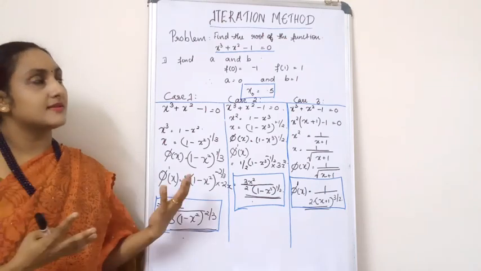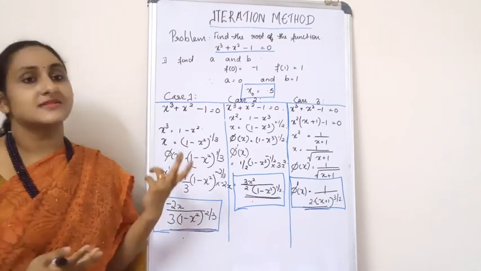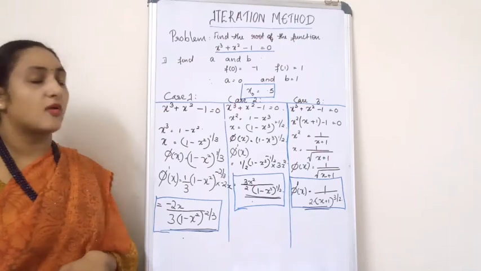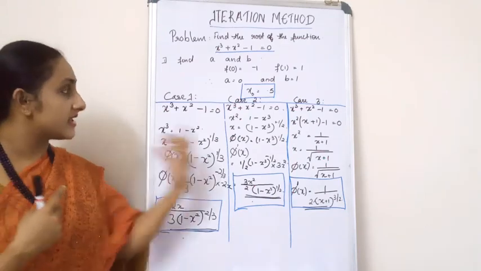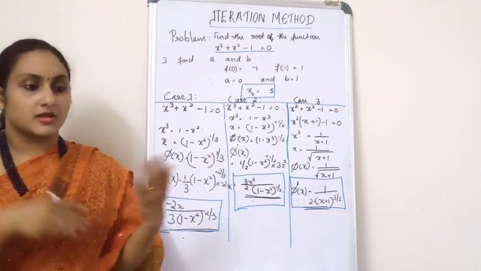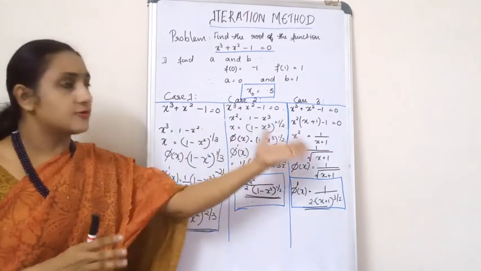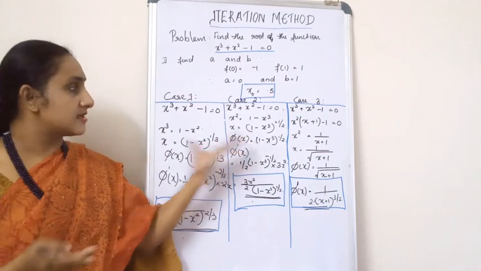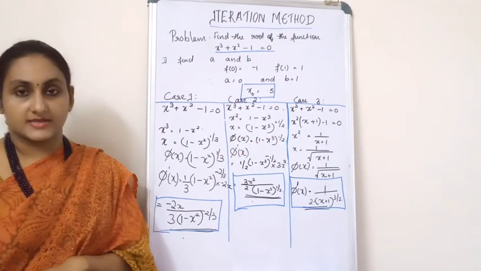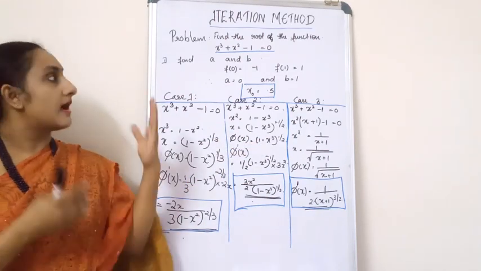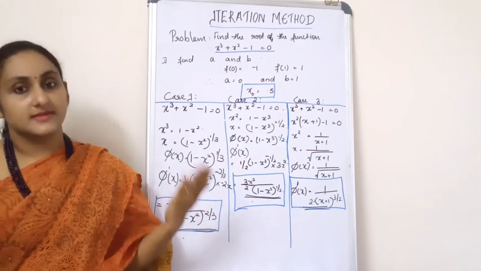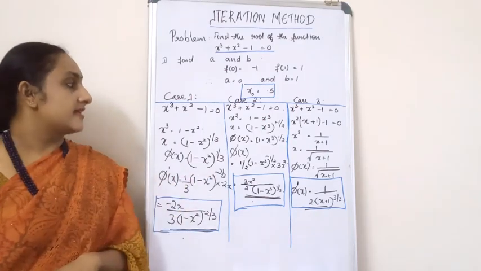Now this is a particular problem because our function is given in this format. That's why we are getting three cases like this. If we take another problem, it's not necessary that we get 1, 2, 3 cases like this. It might be just 2 cases, or just 1 case. Because our function is in this format, that is why we are having these 3 cases.